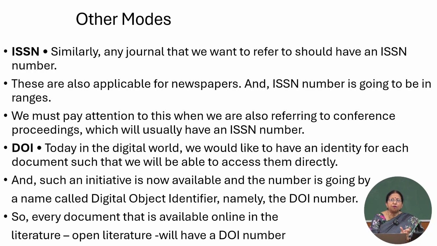So if you have the proper address, the DOI number, you can actually click on that and be able to at least see the abstract of the paper, if not the full paper. So every document that is available online in the open literature will definitely have a DOI number, which is Digital Object Identifier.